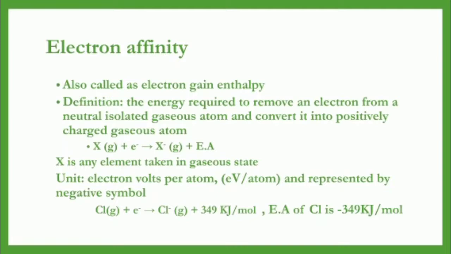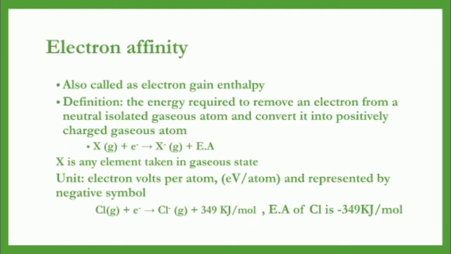Electron affinity is opposite to ionization energy. If an atom loses its electron, it becomes an ion, so energy is required to remove the electrons. When an atom gains electrons, the amount of energy released, that we call electron affinity.